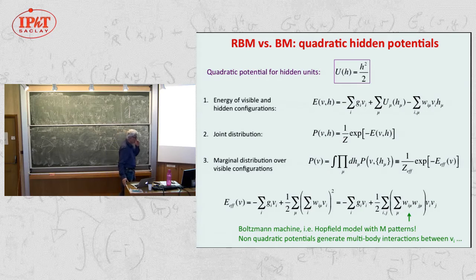That also means that if u of h is not Gaussian, then the effective interaction term will be more than pairwise, and will include higher-order interactions. That's an interesting thing, because I'll come back to that later in the application after the break. A general problem when we analyze data is that pairwise interactions may be nice, but they are not sufficient to represent the data in many cases.